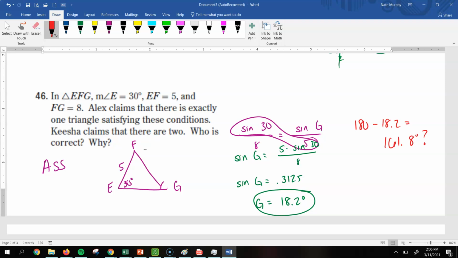So could the other angle be 161.8 degrees? Well, let's see. If I add the other angle that we do have, 30 degrees, we get 191.8 degrees. Well, all triangles have to be less than 180 degrees between all 3. And here we have over 180 degrees with just 2. So we know that there's not another possible triangle, so there's only 1. So that means Alex is the correct one here.